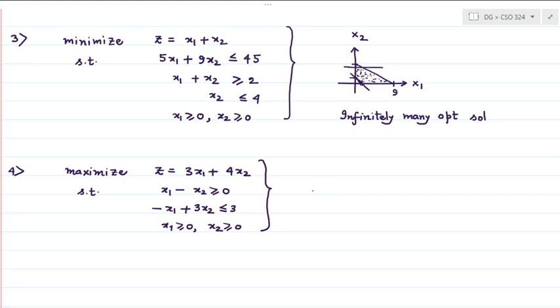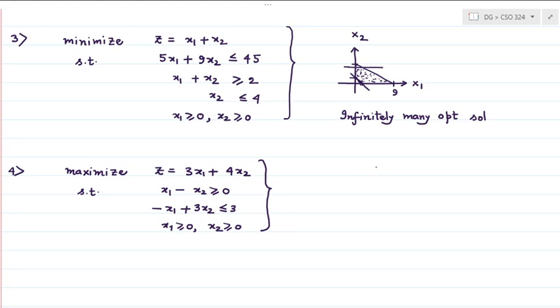For this problem, you just try to figure out the feasible region. Here I repeat the notion of feasible region from the last day's lecture. By feasible region, I mean the constraint set.